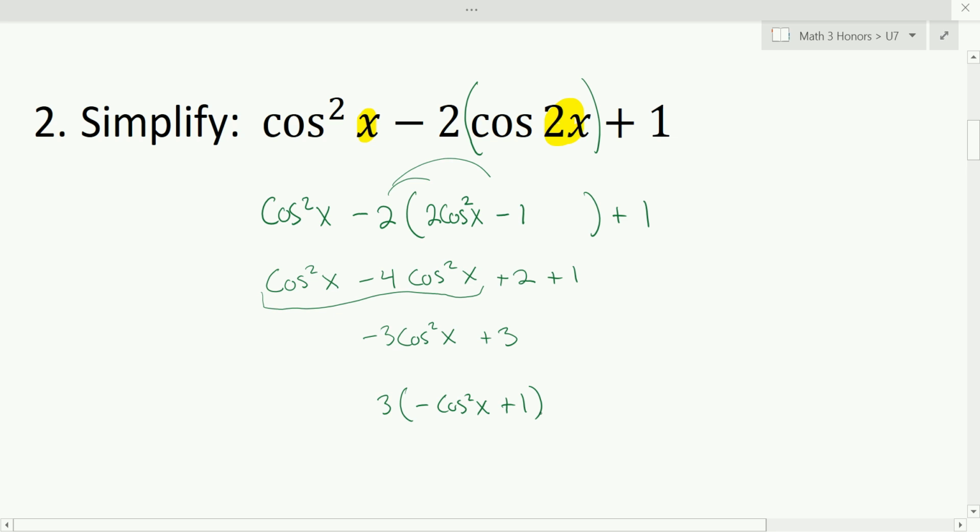You could factor out a negative, but I don't want to. Because this is equal to sine squared. And that's your answer.